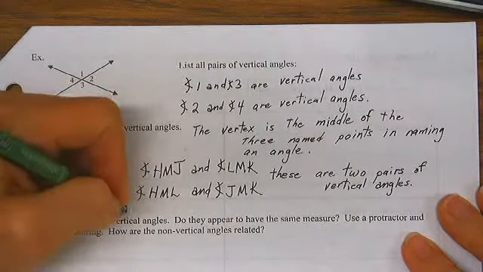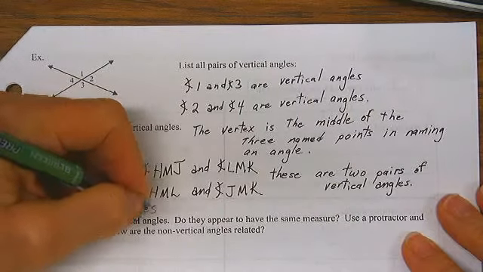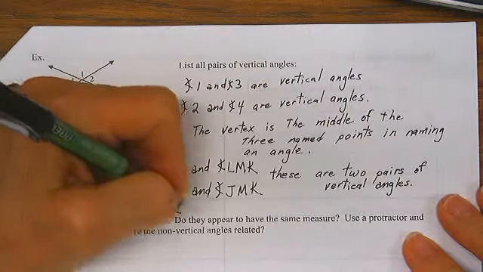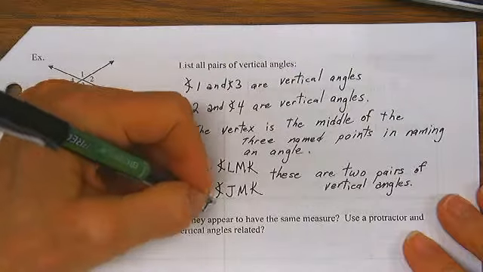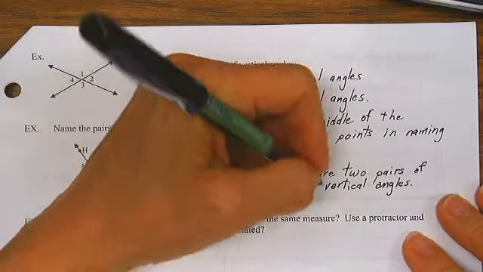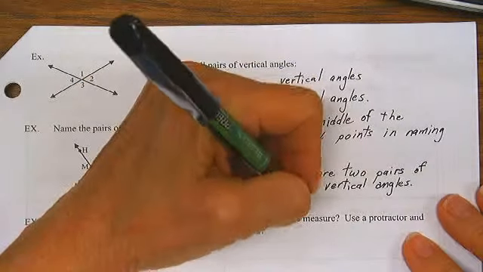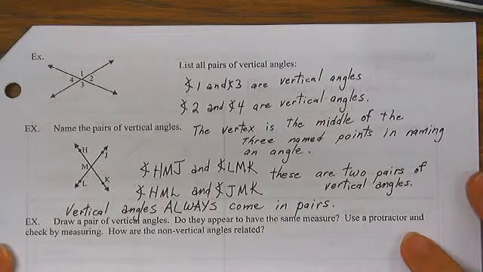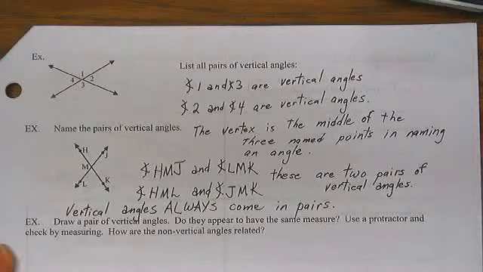Vertical angles always come in pairs. If we draw any pair of vertical angles, we are going to notice that they are congruent.